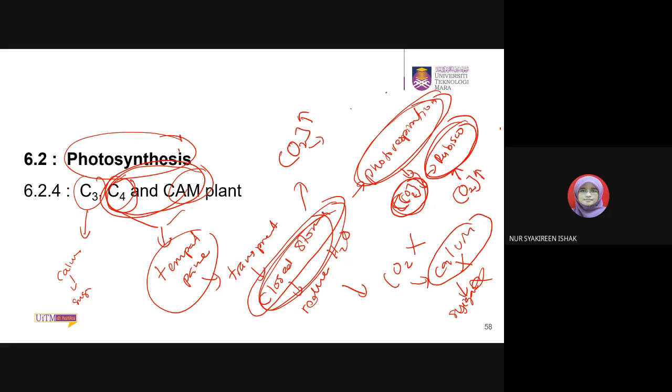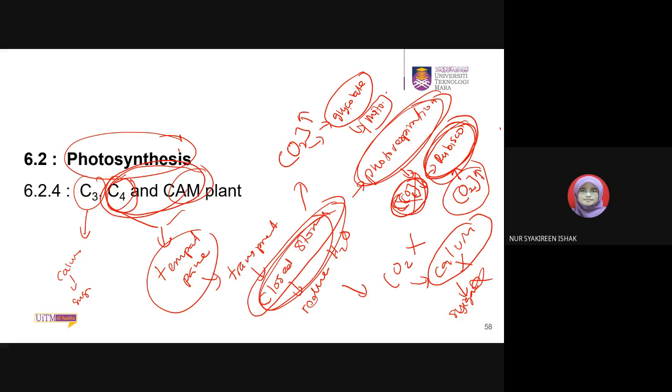Light reaction, dia punya byproduct adalah oxygen. Tapi bila stomata tutup, macam mana oxygen nak keluar? Oxygen akan accumulate dalam leaf. So bila oxygen accumulate dalam leaf, Rubisco ni dia tak nak bind kepada carbon dioxide, dia bind kepada oxygen. So bila Rubisco bind kepada oxygen, dia akan menghasilkan satu compound, nama dia glycolate, dan compound tu akan dimetabolismekan dekat mitochondria.